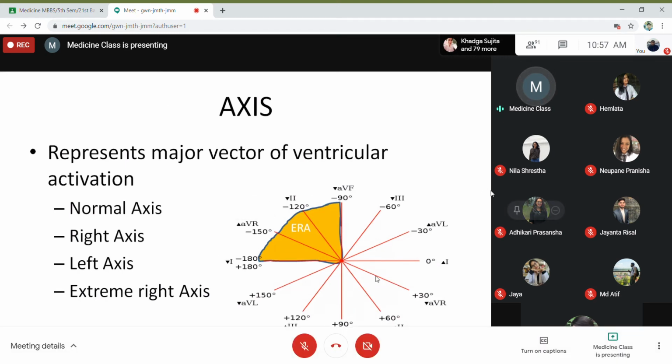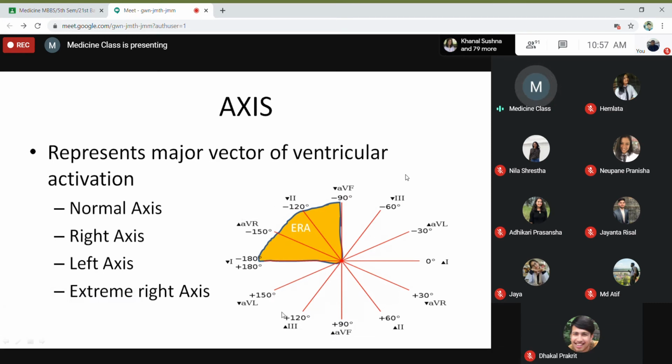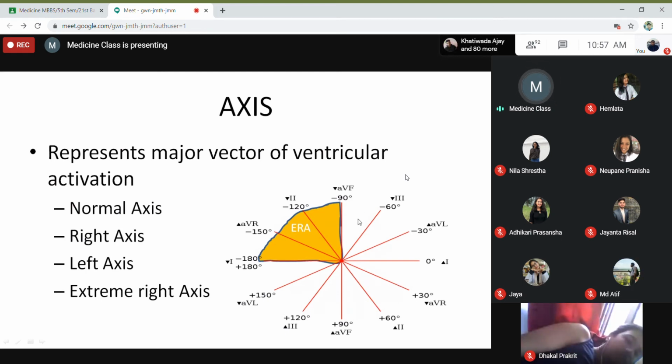What this means is that if the axis is somewhere here, then there is more dominance of the right ventricle rather than the left ventricle. Or if it is here, then it's more of left ventricular dominance than right ventricular dominance. So it depends upon the dominant ventricle.